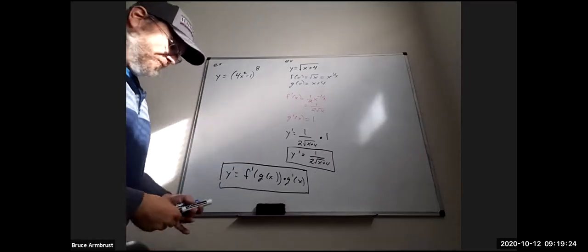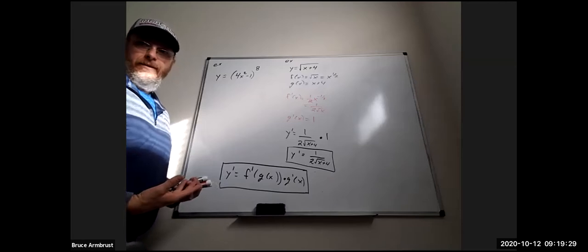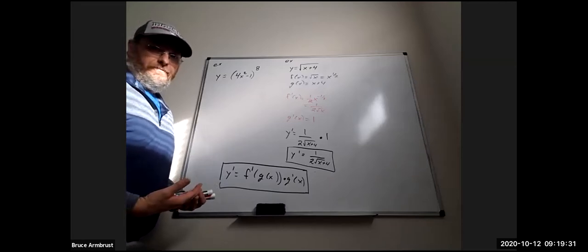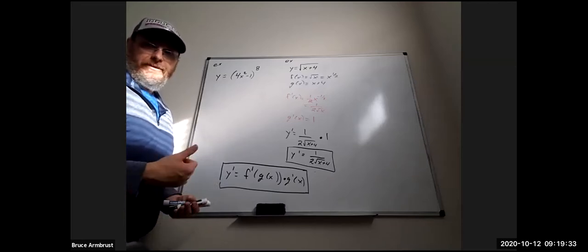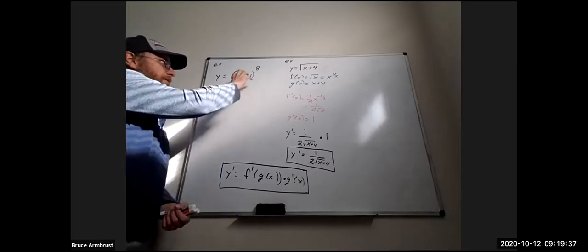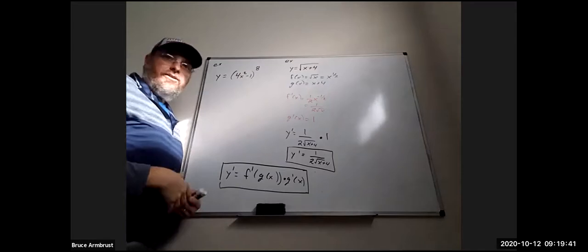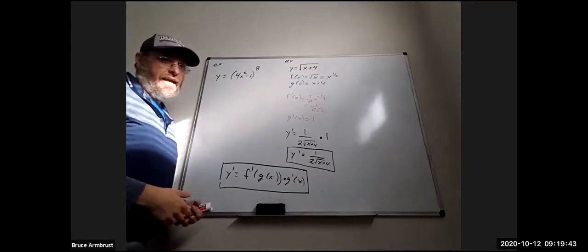So check this out. Do you see the composition again? Yeah, I'm getting some thumbs up. Cool. So we see the composition. It's 4x squared minus 1 to the 8th. Our outer function is x to the 8th.